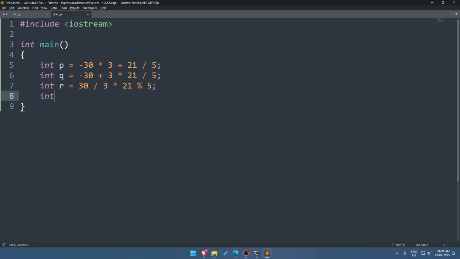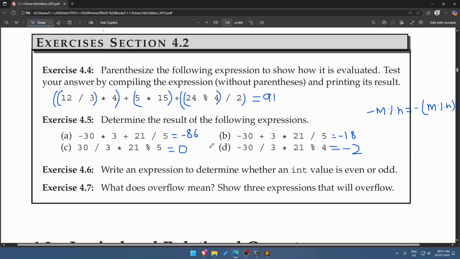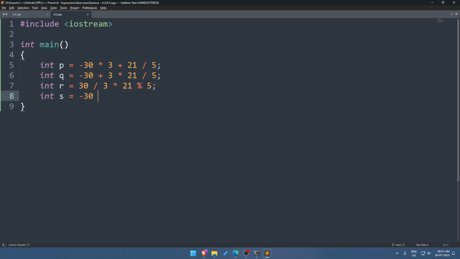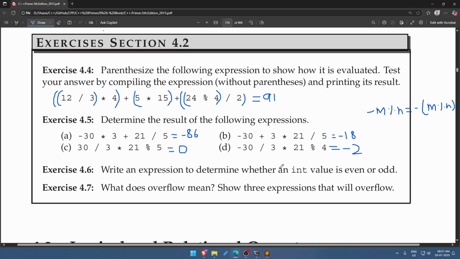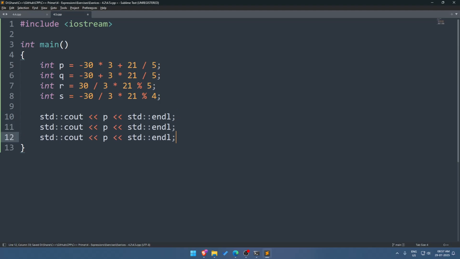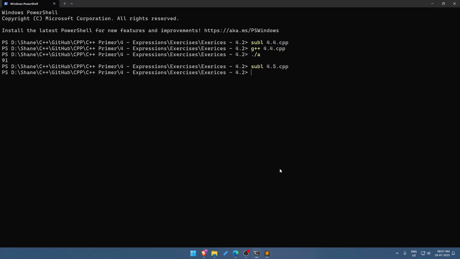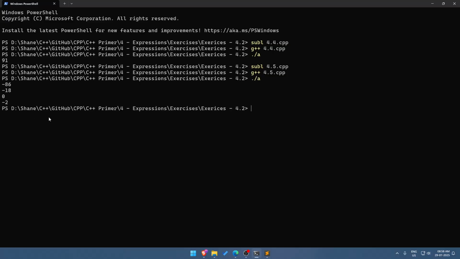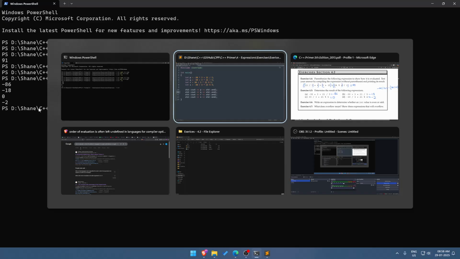Then we have minus 30 divided by 3 times 21 mod 4. Minus 86, minus 18, 0 and negative 2.